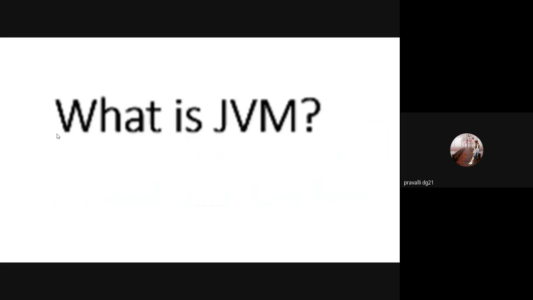Next, what is JVM? JVM, Java Virtual Machine, is an abstract machine that enables your computer to run a Java program. When you run the Java program, the Java compiler first compiles your Java code to bytecode.